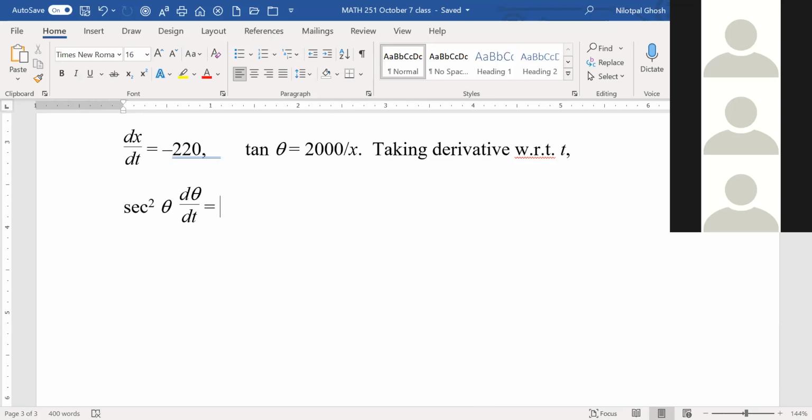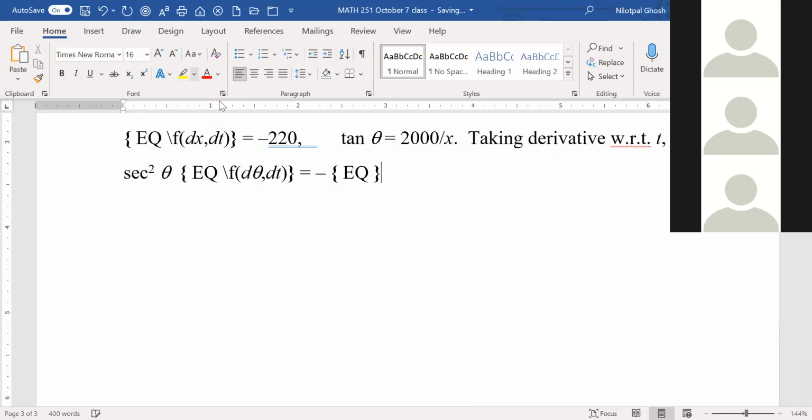If you have taken lots of derivatives, you know the derivative of 1 over x, which is x to the minus 1, is minus 1 times x to the minus 2.